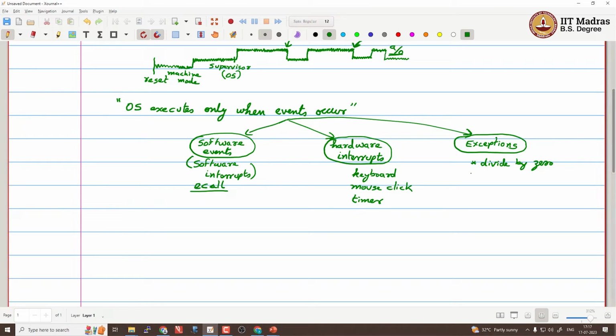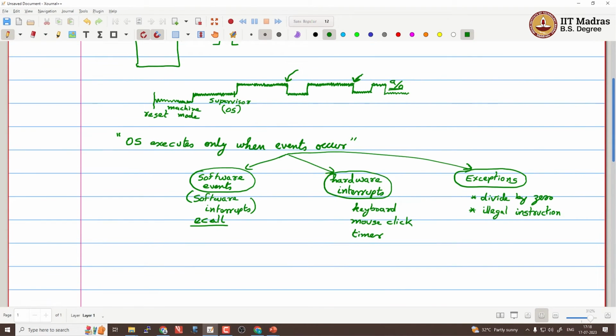Another one could be an illegal instruction. If while the processor is executing, it obtains some instruction or an opcode which it cannot recognize, that would lead to an illegal instruction exception.